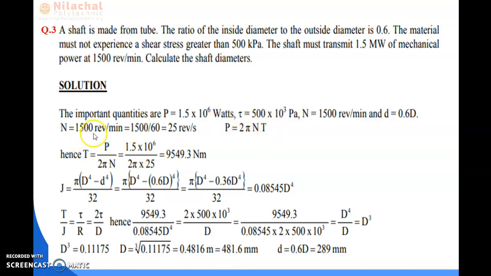Hence, previously we converted the value of revolution in terms of second. So here we put 1500 revolution per minute, and this minute we can convert into second by putting 60. Hence we got the value of revolution in terms of revolution per second as 25. That is 1500 divided by 60 is equal to 25. So we can directly put here the value of revolution as 25.